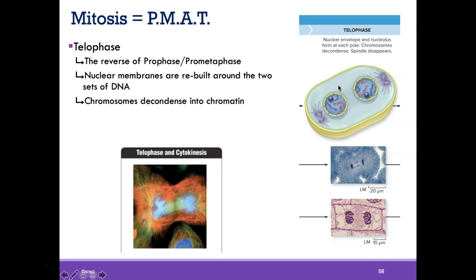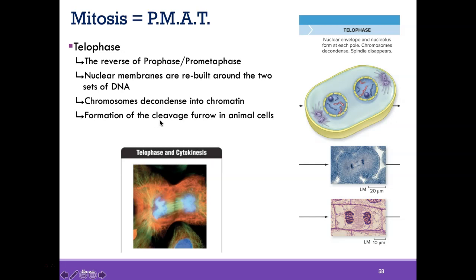The chromosomes will then relax and unravel back into chromatin. And the microtubules will disappear. The spindle will disappear. In prophase and prometaphase, the spindle formed, the nucleus broke down, and the chromosomes condensed. Now we're doing the opposite. The chromosomes are decondensing, the nuclei are reforming, and the spindle breaks down.